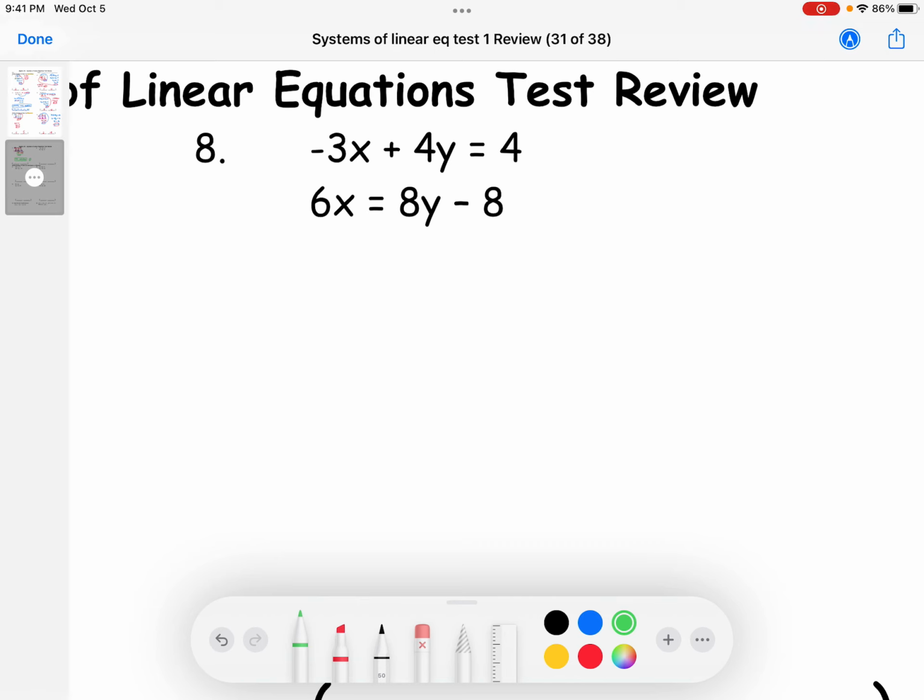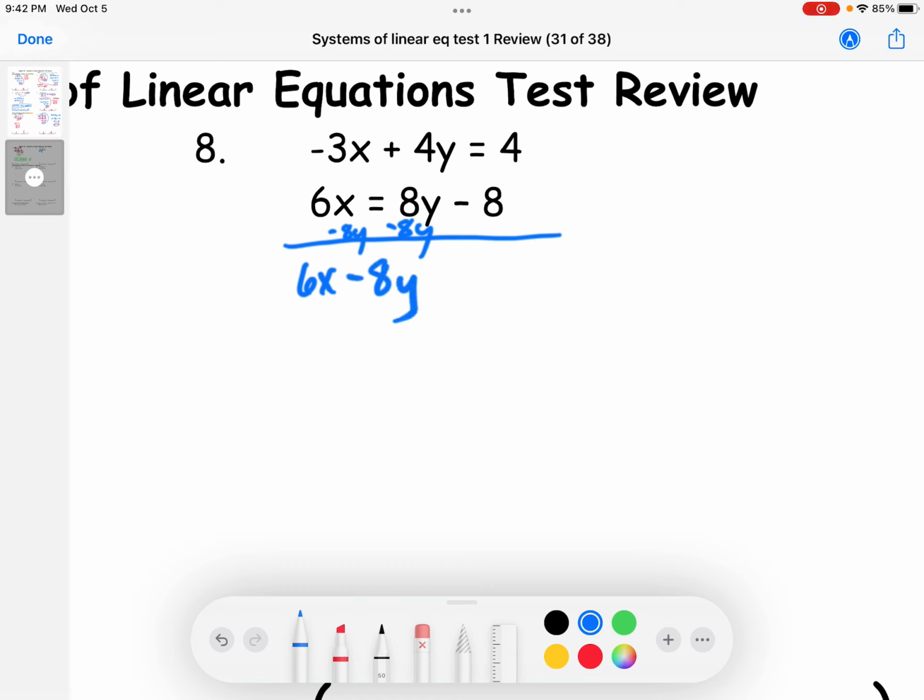You need to make sure, if you're trying to do elimination, that all of your variables are lined up with each other. Okay, so what I'm going to do is I'm going to modify this bottom equation to make it 6x and make sure that all of our x's and y's are on the same side, just like the top equation. Okay, if you've got 6x, I'm going to subtract 8y on both sides. Minus 8y.